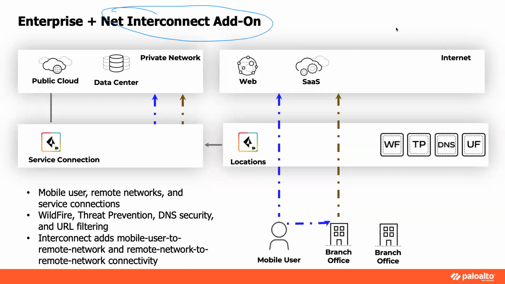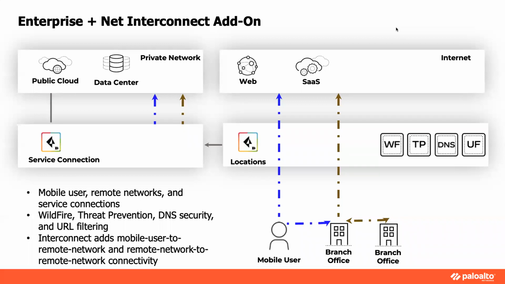That's part of our enterprise license, which includes mobile users and remote networks, branch office users. And in addition to that, we can do the Interconnect add-on, which then allows those different users in those different remote networks, our mobile users, to talk to each other or branch offices or that sort of thing.